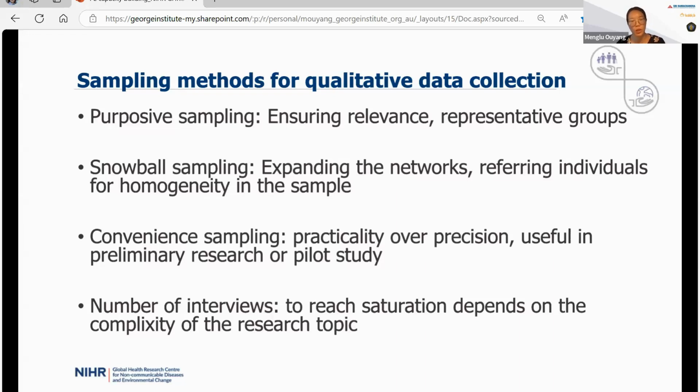But if your research topic is very complex, your intervention involves a lot of components, and your stakeholders have different characteristics, then you will have to consider having more interviews to make sure you can reach data saturation.